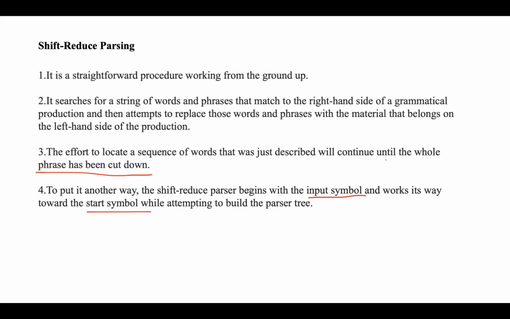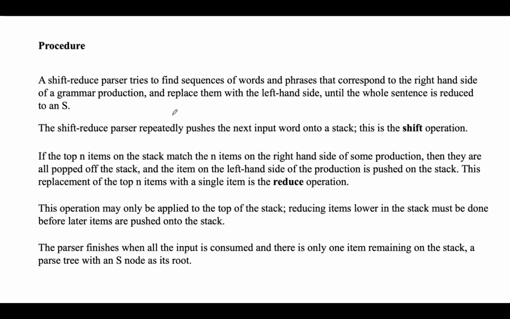We saw what is meant by bottom-up parsing. Since the shift reduce parser is a kind of bottom-up parser, the same process is followed here. Coming to the procedure, it will try to find a sequence of words and phrases.